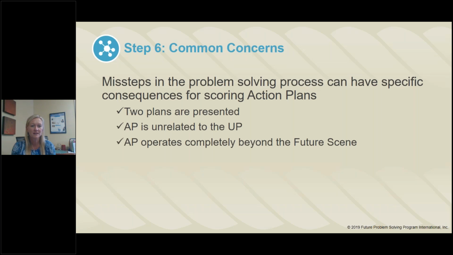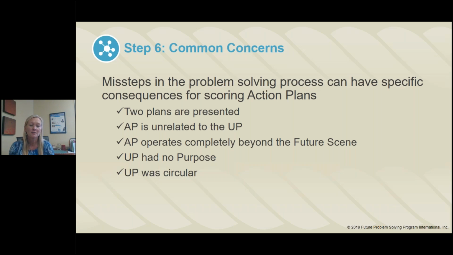If the action plan is unrelated to the underlying problem, that results in some concern and lack of points for the students. If that action plan goes well beyond the future scene and encompasses a scope larger, broader of that future scene and stakeholders beyond that, that is very detrimental to the team's success.